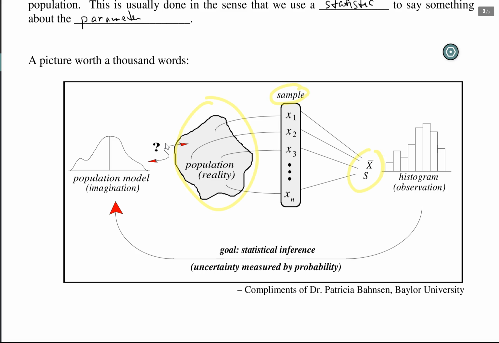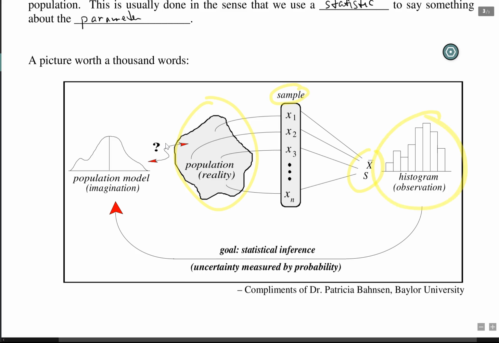We can compute a sample median. Those are things I'm sure you've heard of before. We can also get a histogram, which is just a picture of the data in some sense. Again, we'll talk about that later on, but we describe the data, and once you have the data, you try to use that data to say something about this population model. That's a chapter 4 idea that we'll get to.